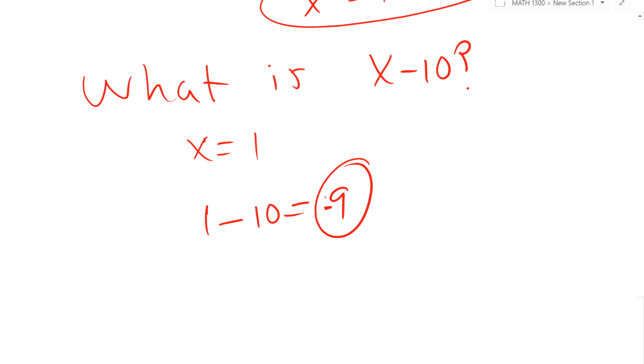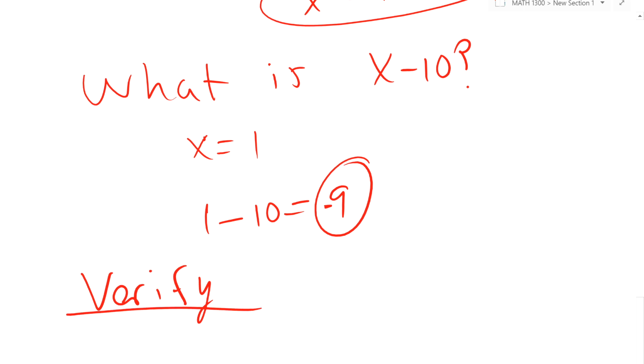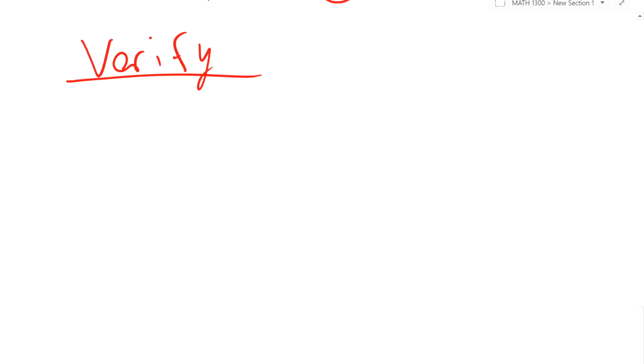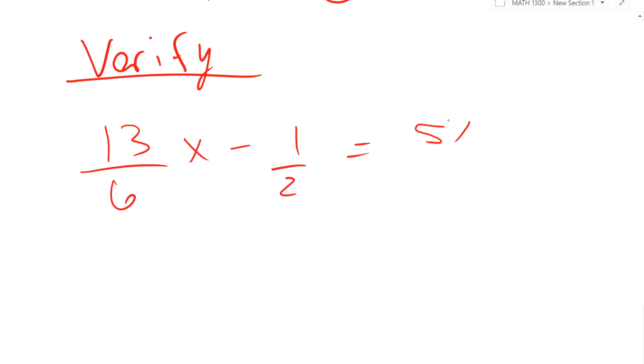And so how do we know that x equals 1 is correct? Well, we can verify by plugging it into the original problem. And so our original problem was 13 over 6x minus 1/2 equals 5x over 3. And just plug in 1.